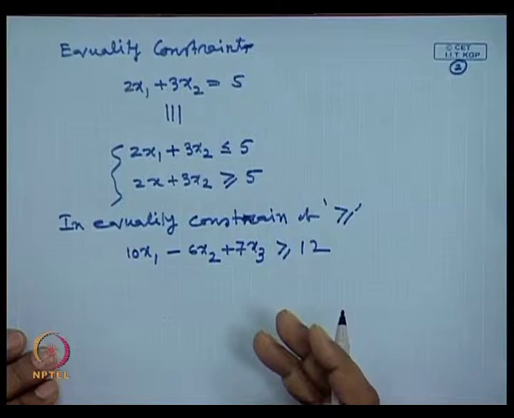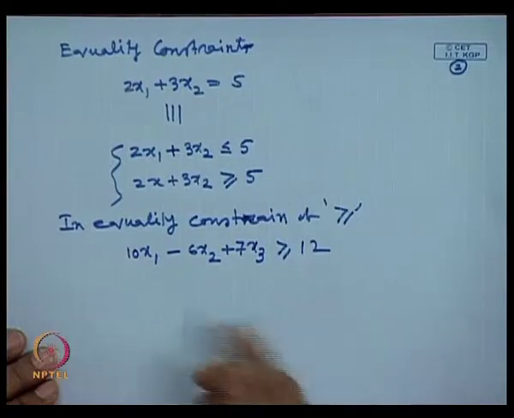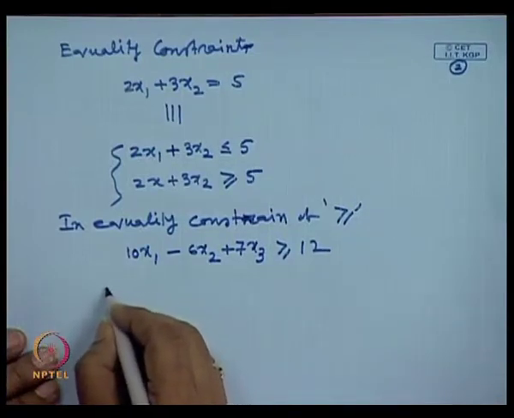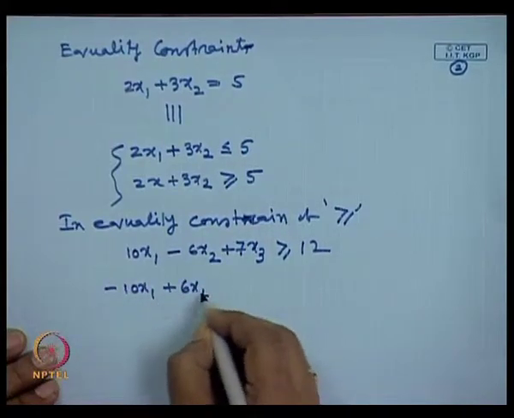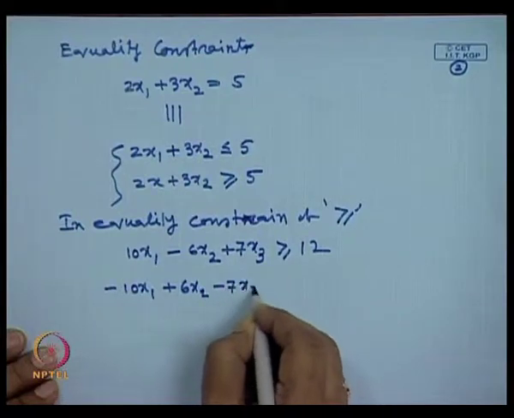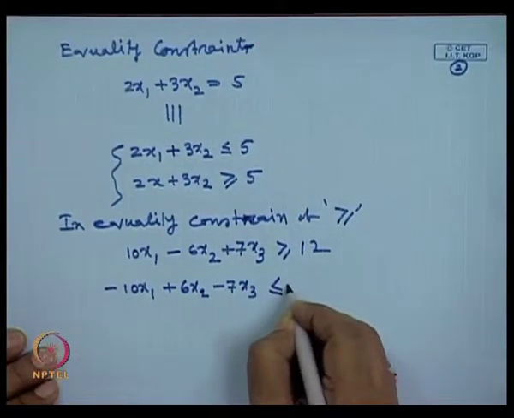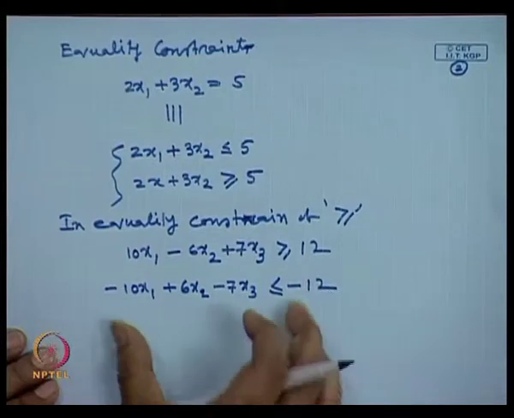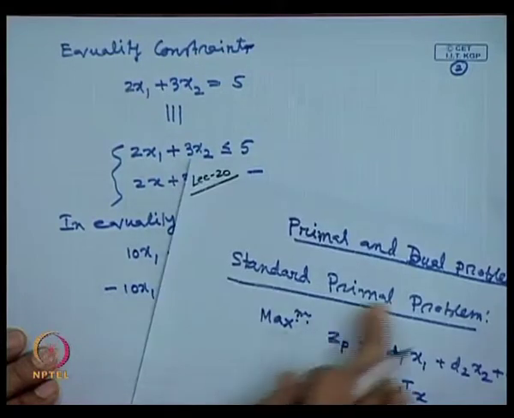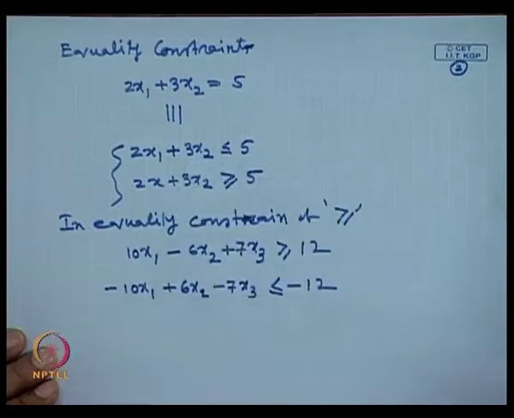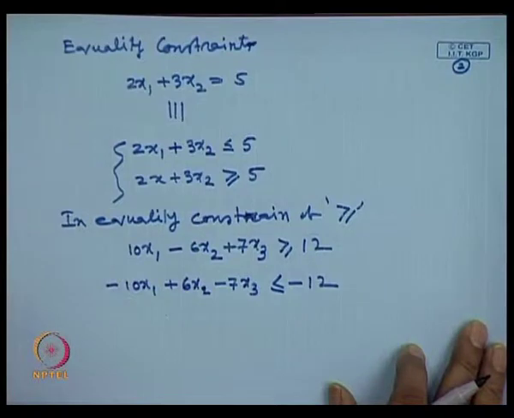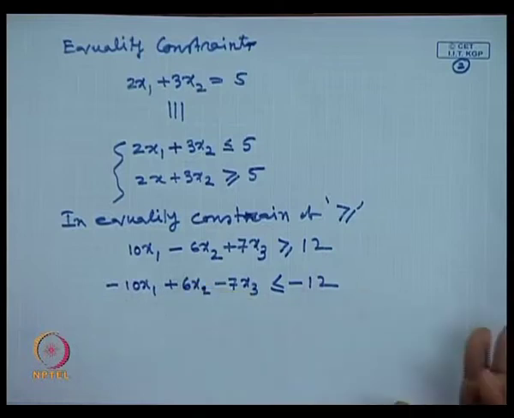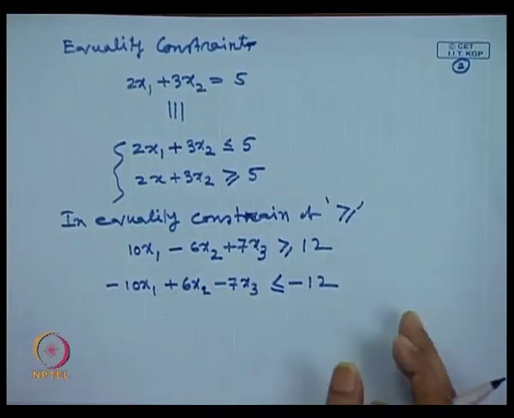What we do is multiply both sides by minus one, so it becomes minus 10x1 plus 6x2 minus 7x3 less than or equal to minus 12. So, this has been converted into the standard primal inequality form. Keeping this in mind, any LP problem can be converted into a standard primal problem. Now, what is the dual of this one, that is, the standard dual problem?